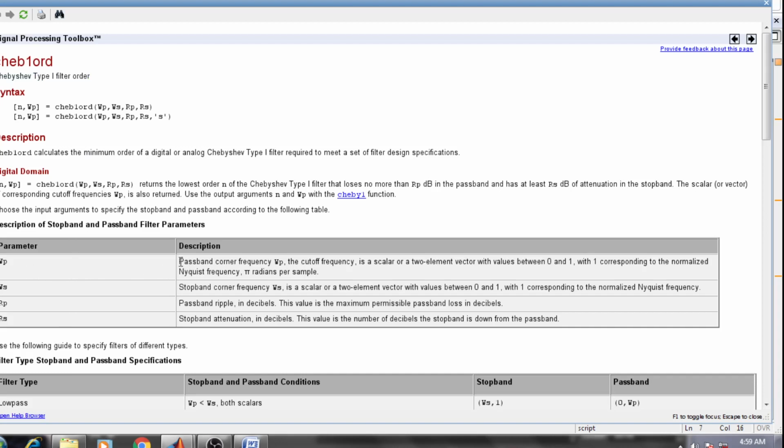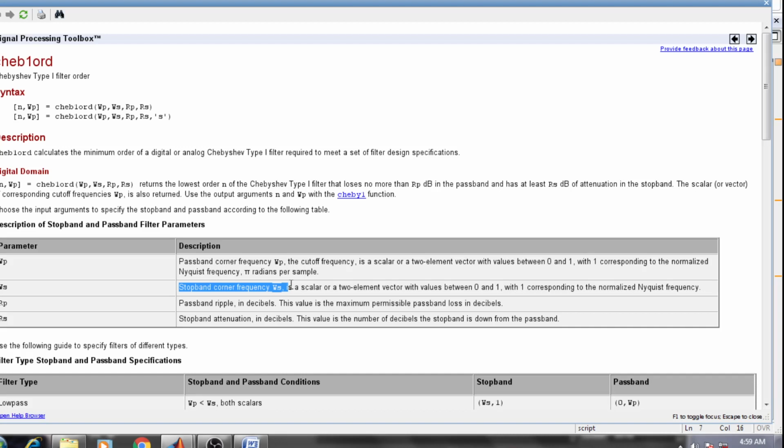Wp is the passband corner frequency, so this passband corner frequency will be needed. Similarly, Ws is the stopband corner frequency. With the help of this passband and stopband corner frequency we are going to design the low pass as well as high pass filter.